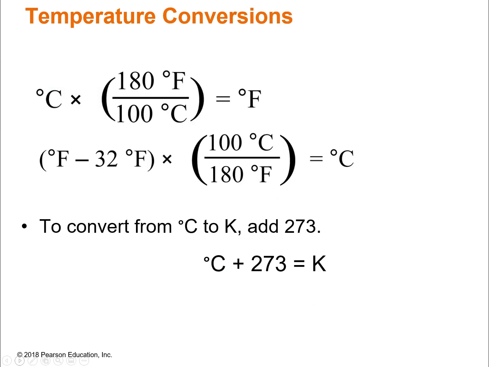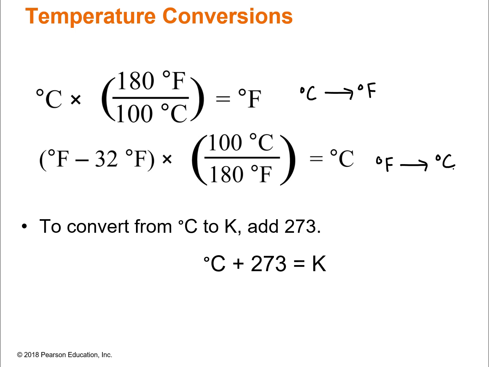Here are the equations that you need to convert from one to the other. So let's say that you had a temperature in Celsius and you want to calculate Fahrenheit. That's what this first one is, taking degrees Celsius to degrees Fahrenheit. The second equation is taking degrees Fahrenheit and going to degrees Celsius.